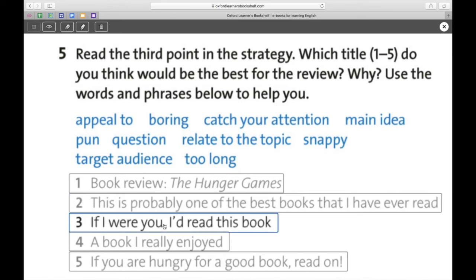The third one is too vague. It's not certain, not definite, not clear, and not appropriate. Okay. So we have the fifth and last title, which is really good. I think it catches the reader's attention and includes a play on words, the pun. Hunger for a good book, which refers to the book's title, Hunger Games.